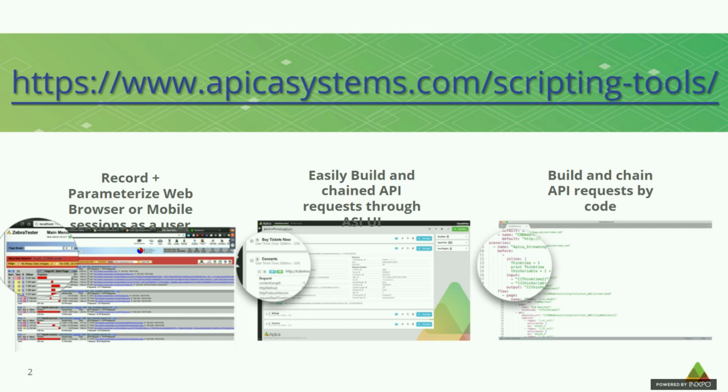Some big updates there. But I'm going to be spending a little bit of time today talking about Apica IDE, and that's in the center here. You can think of it as a GUI update or a GUI reskin of ZebraTester, but specializing in the ability to chain API requests with ease, including the ability to parameterize headers, things like items in JSON content paths, really anything.